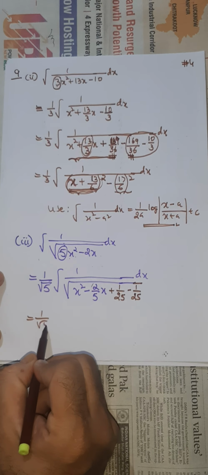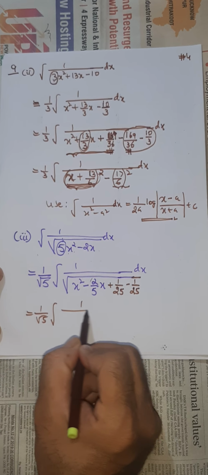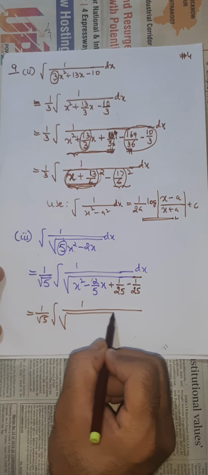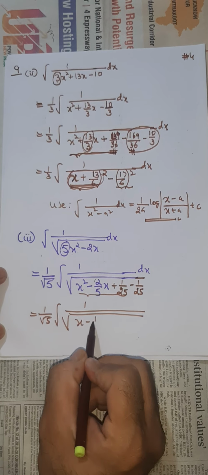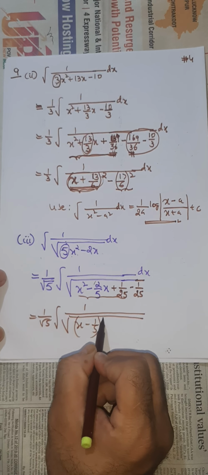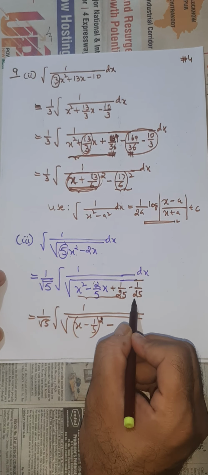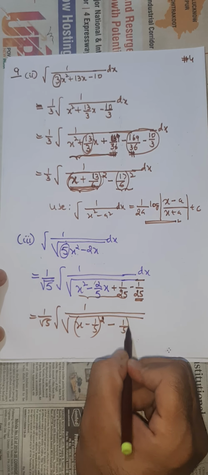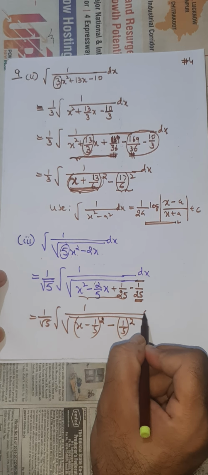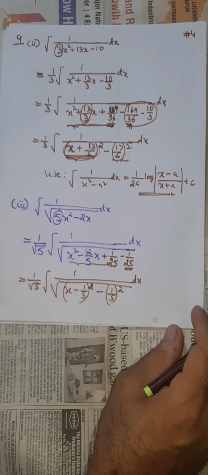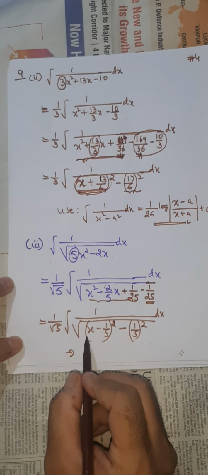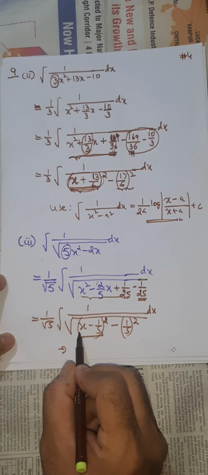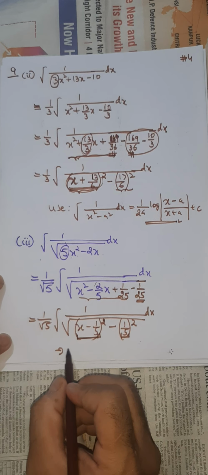So 1 upon root 5. Here, the root of this much is a perfect square of x minus 1 by 5 the whole square, minus 1 by 5 the whole square dx. So now use this formula. This is, remember, a linear function. So like x, this is like a.